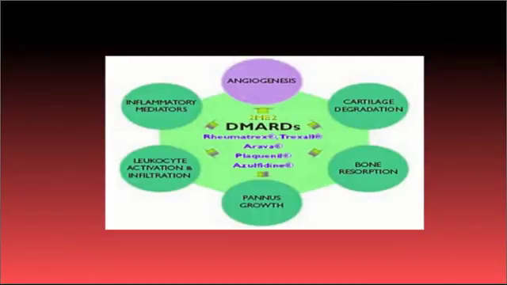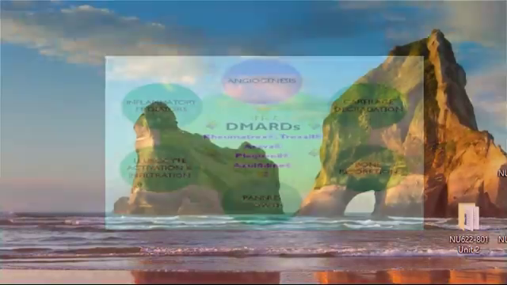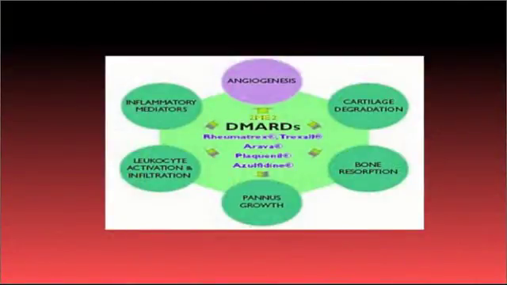The way these DMARDs work is by making changes in your immune response. So this interleukin receptor and the tumor necrosis factor, or TNF, it blocks them to modulate or adjust or change your immune response with disorders, diseases, disorders that are caused by the immune system causing this inflammatory response in your body.